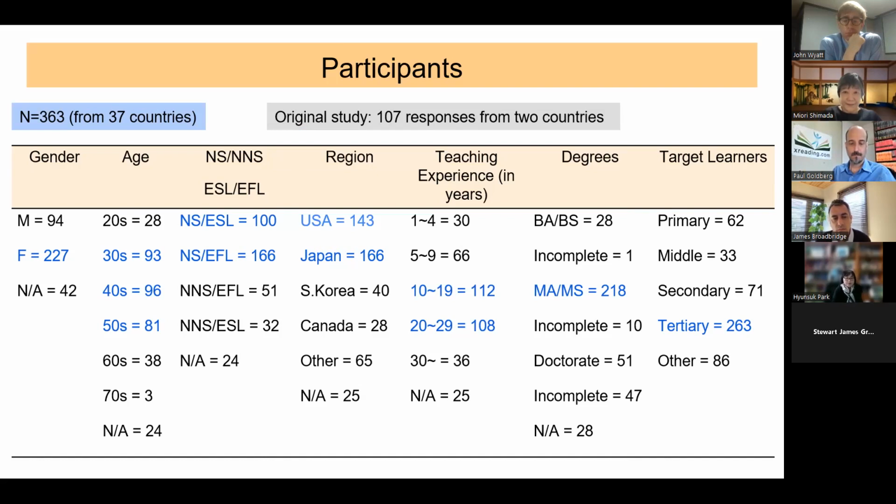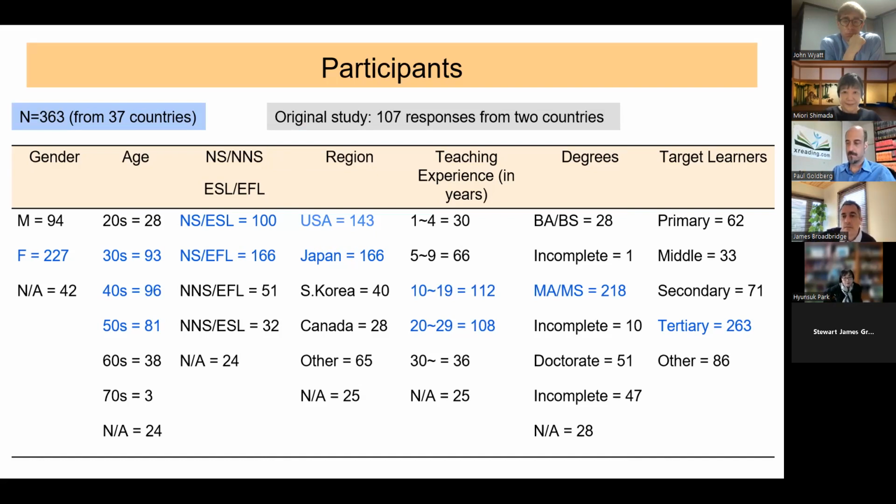Although our participants are all over the world, many of them are from the United States and Japan. In terms of gender, we had a much greater number of female teachers than male teachers. Also, the majority of the participants were native speakers of English, both in EFL and ESL contexts.